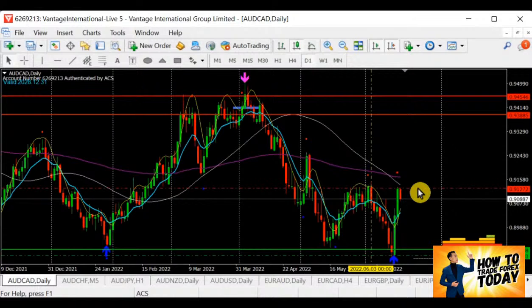Do you remember about 3 to 4 months ago we were waiting for Aussie CAD? Finally Aussie CAD gave us a chance to sell down. So today, in this situation right here, will there be a change of trend? Very likely.